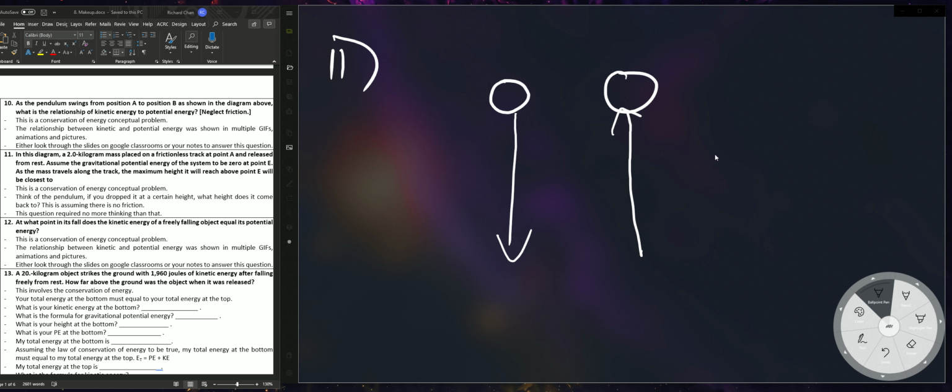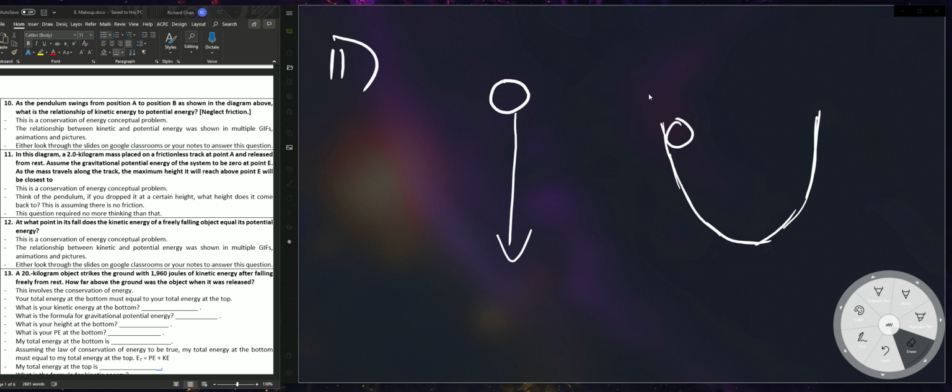And if you look at your question, if you look at your roller coaster on your test, this is not exactly the same roller coaster. I made a much more simplified roller coaster.